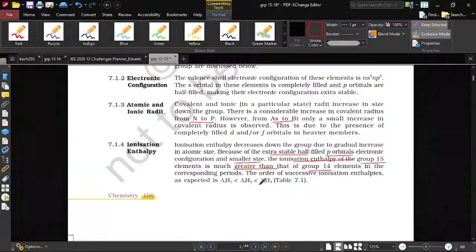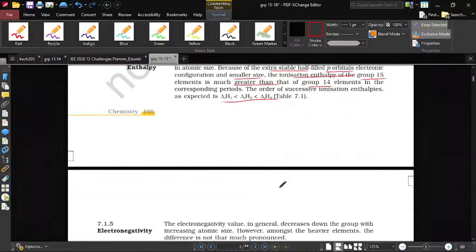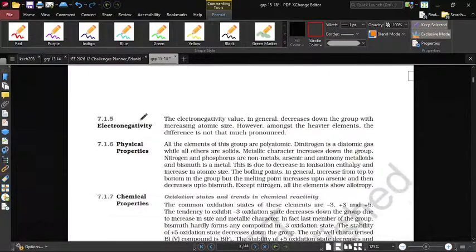The order of successive ionization enthalpies as expected is 1 is greater than 2 is greater than 3. Electronegativity. Electronegativity values in general decrease down the group with increase in atomic size. However, among the heavier elements, the difference is not that much pronounced.